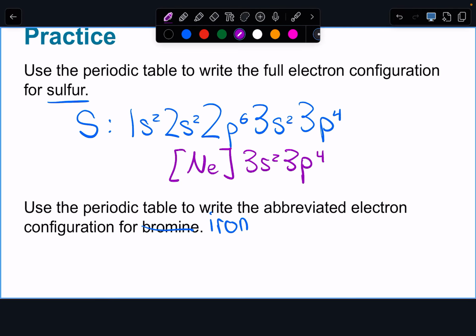Okay, so I'll go ahead and start iron. That one I'm just going to do the abbreviated. So the way I know the noble gas is just go up one row and then all the way to the end.